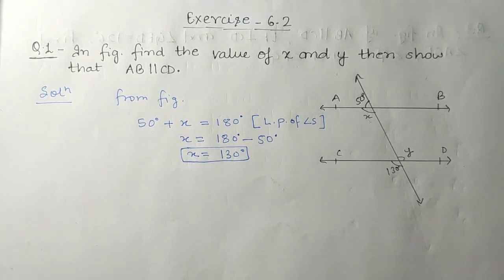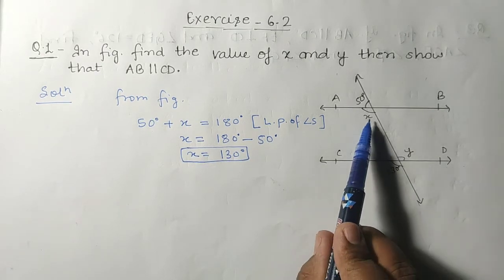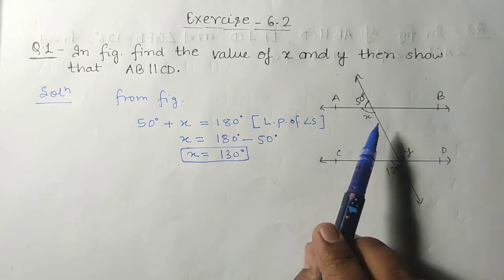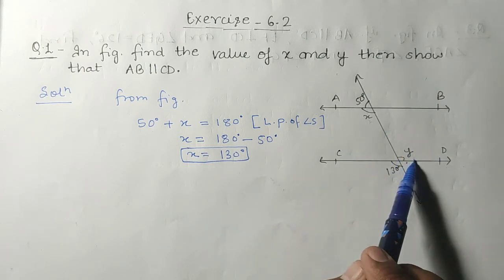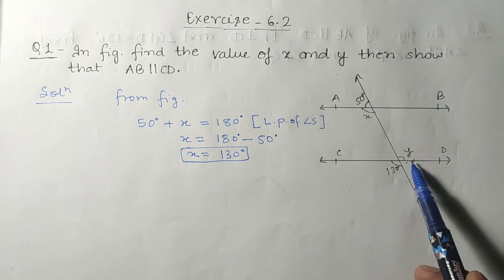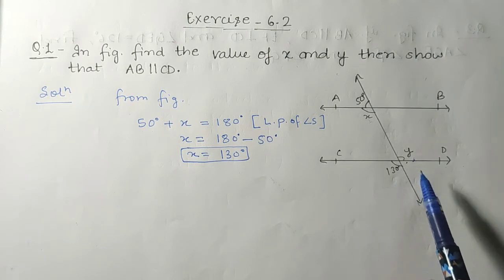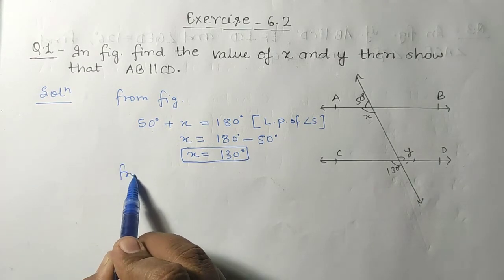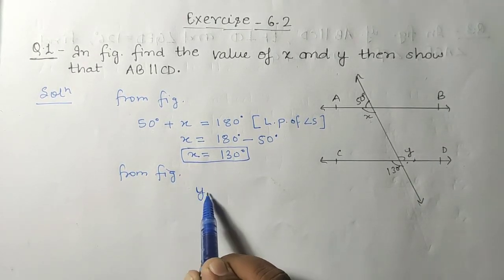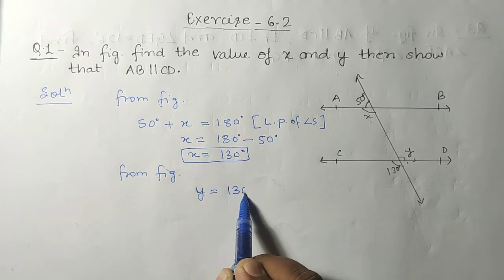Now we'll find the value of y. How will we find it? See, students, this is x and this is y. We can apply alternate interior angles here also, but here we can see that this is easier. This is 130 degree. From the figure we can see that y is equal to 130 degree.